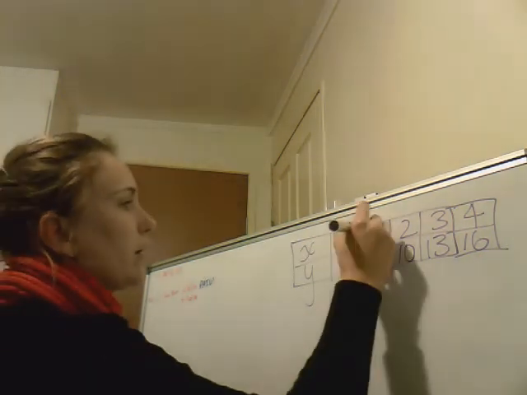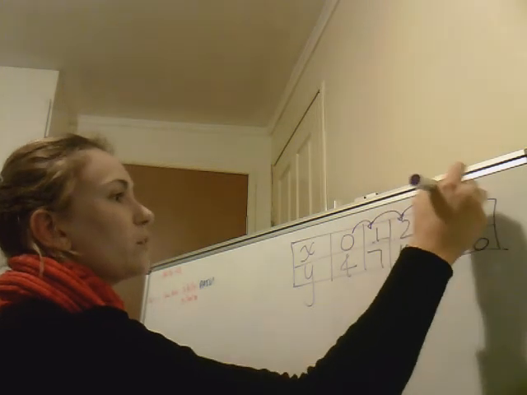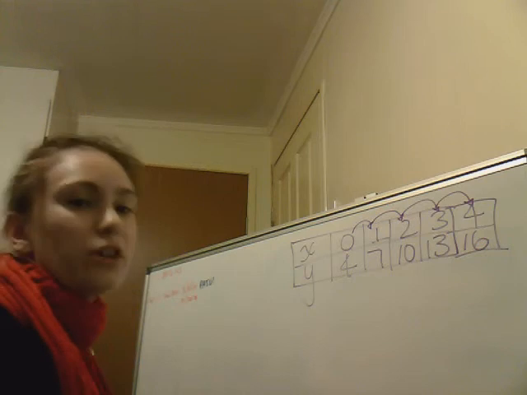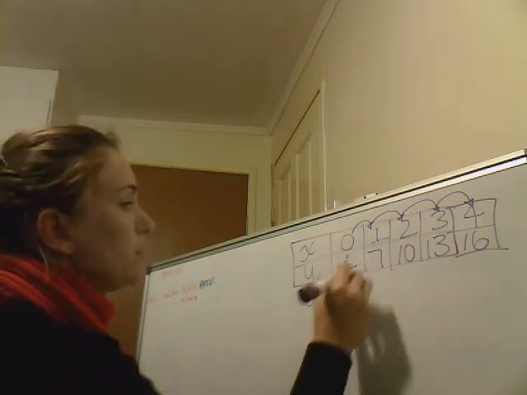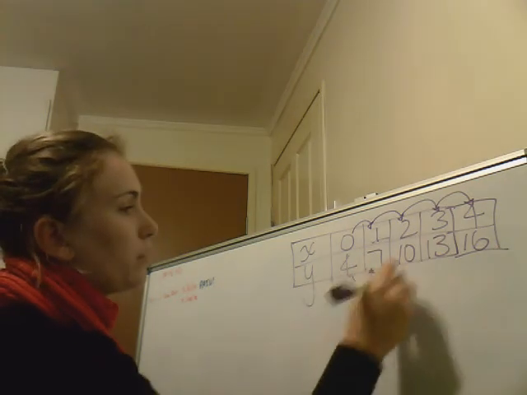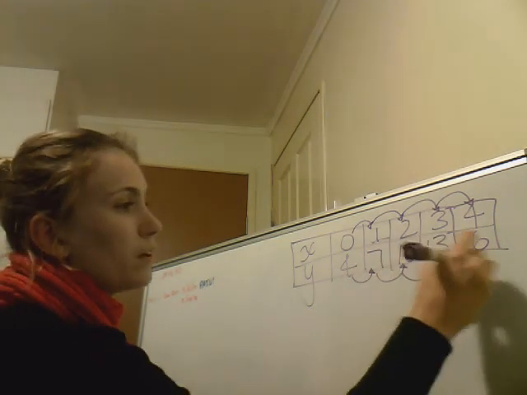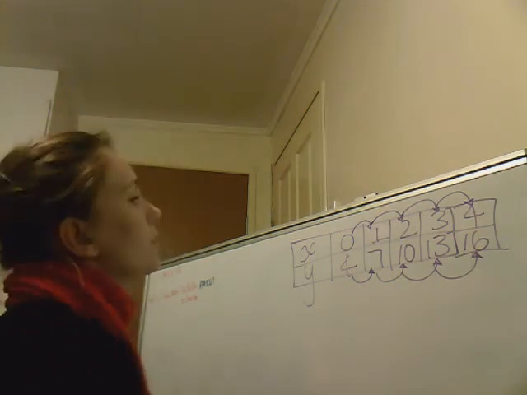Well, our x is going up by 1 each time, isn't it? What do we notice happens to the y when our x goes up by 1? Our y goes up by 3, doesn't it? So that's how we justify this as a linear equation.